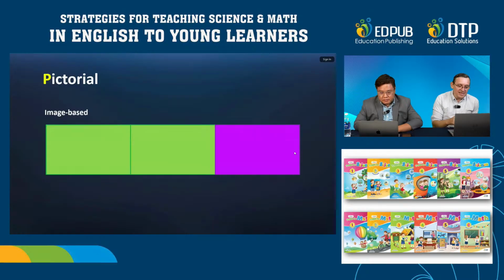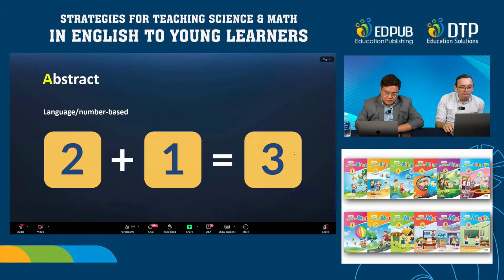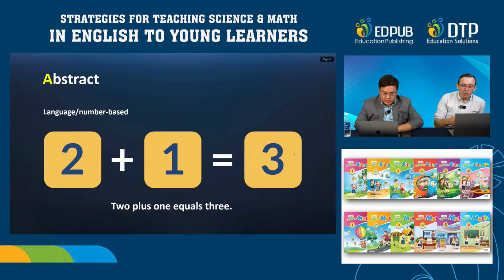So now we're transitioning from real to the last stage, which is abstract. In abstract, it's language or number based. So we take those 2 pencils and that 1 pencil, and now we've got 2 plus 1 equals 3. And this is what we're aiming for.